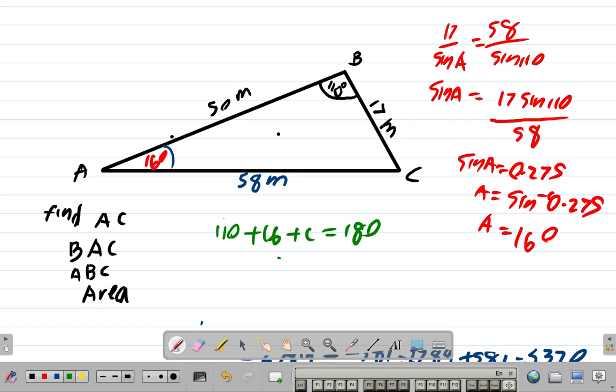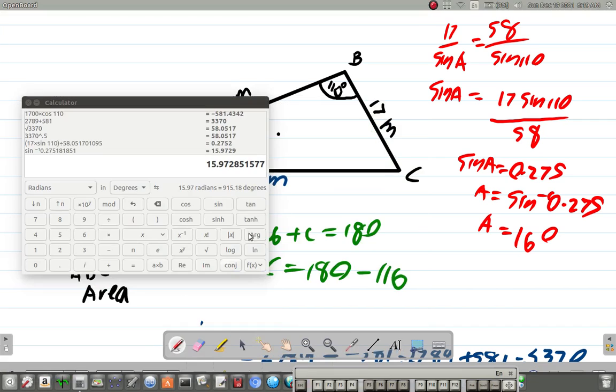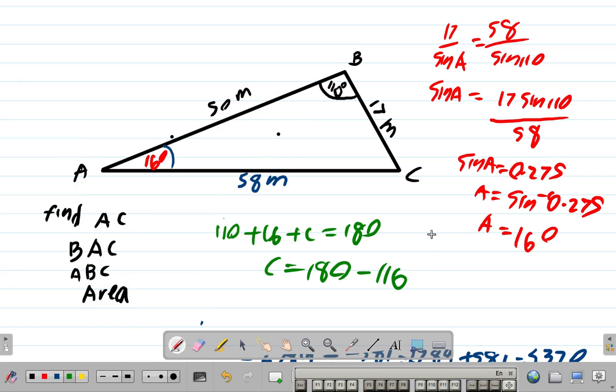So C is going to be 180 minus 116, which gives you 64 degrees.